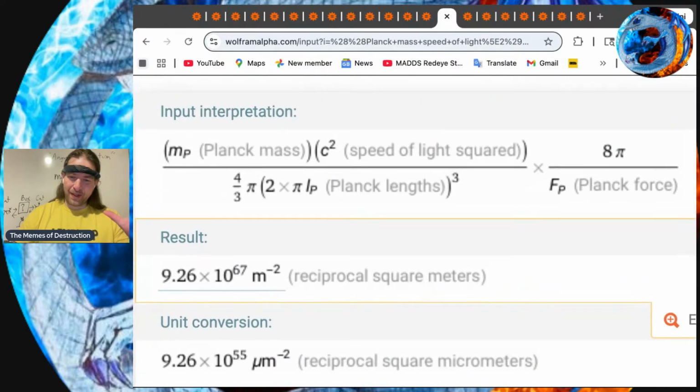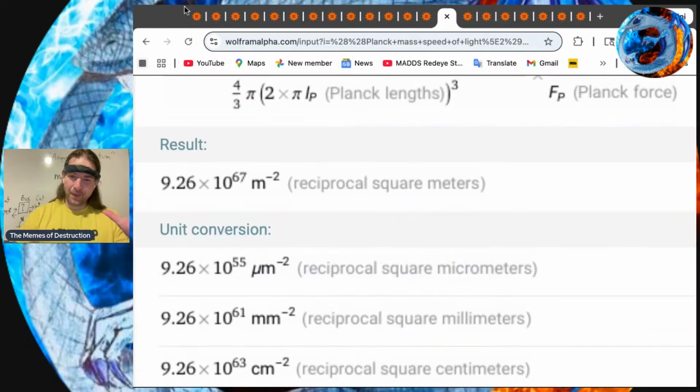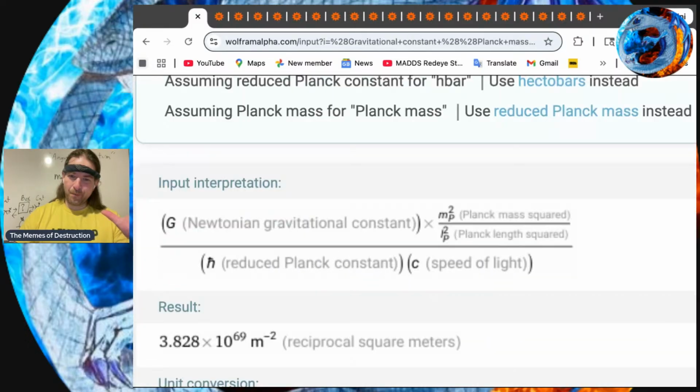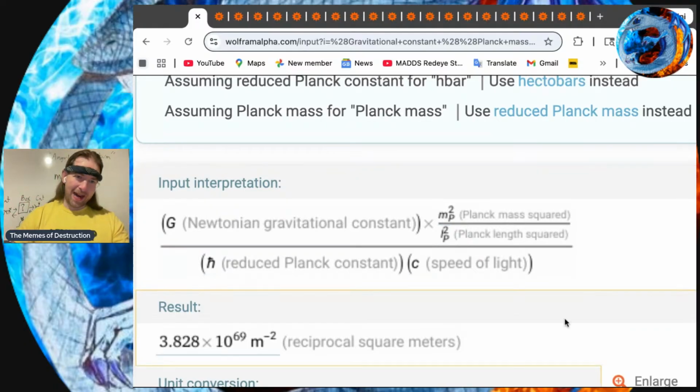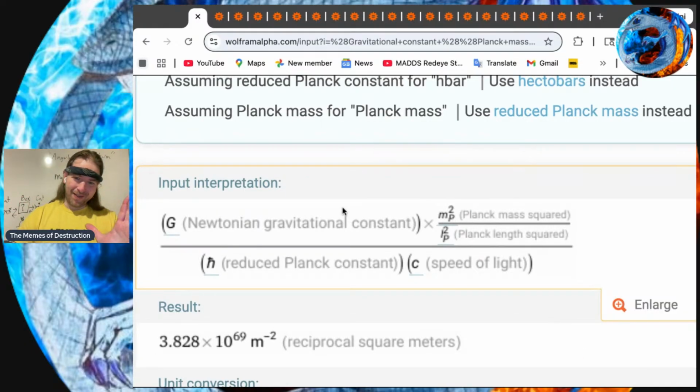Long story short, there's another way you can do it, where you take the Newtonian gravitational constant, big G, multiply it by mass 1 times mass 2. In this case we're assuming the maximum unit mass we know in physics, the Planck mass, so we're taking the same value squared, and dividing it by our r squared, the radius.